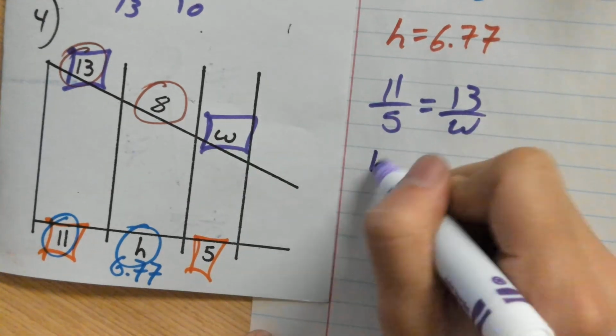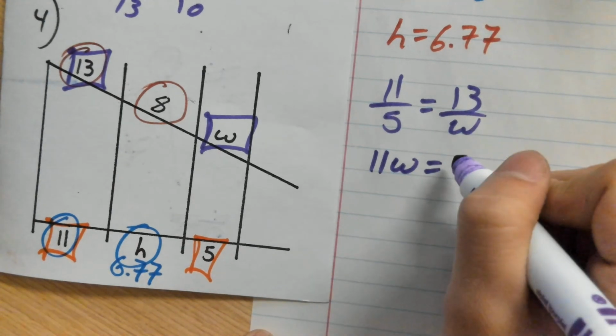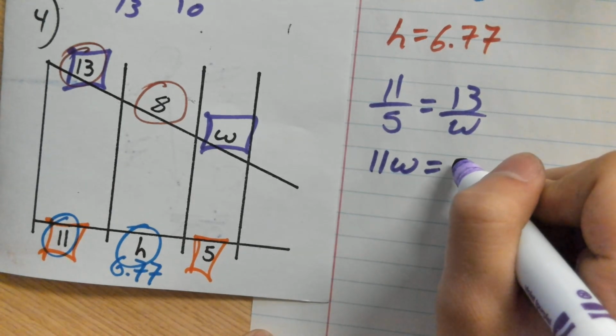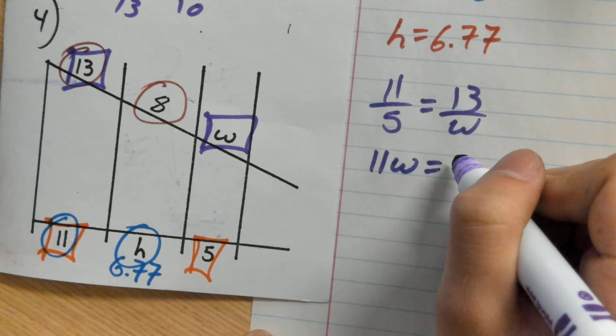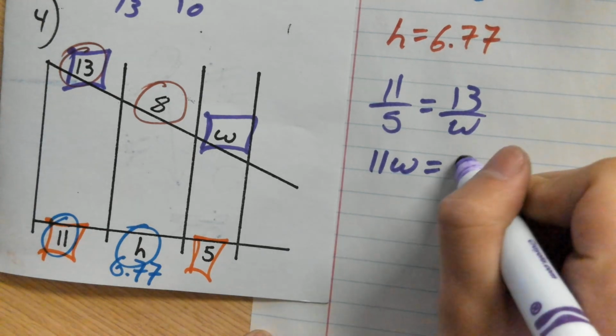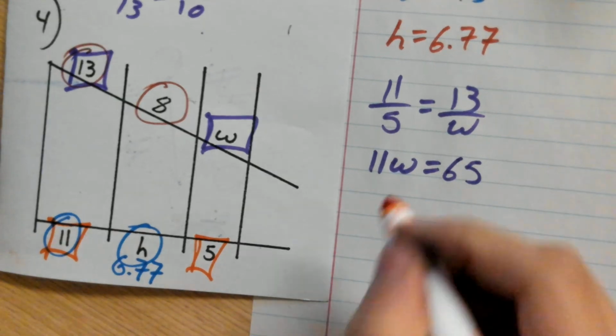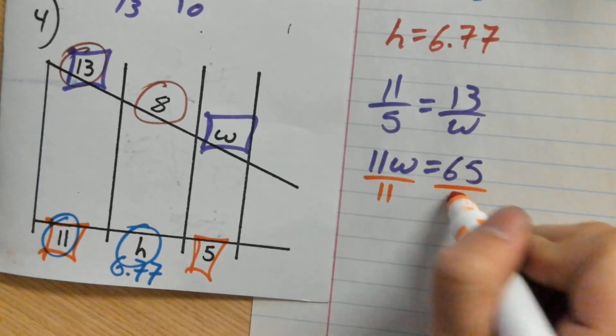So 11 times W, that's going to be 11W equals 13 times 5. Let me do it in the calculator. 5 times 13 is 65. Let's leave W by itself, so let's divide by 11 on both sides.